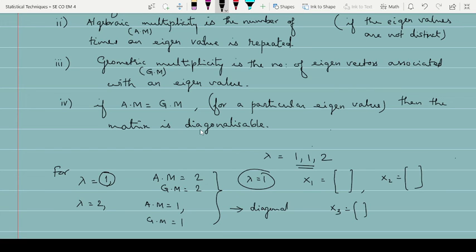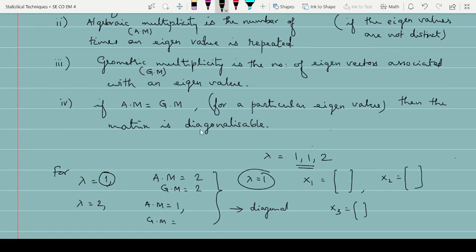That is what is written here. Geometric multiplicity is the number of eigenvectors associated with an eigenvalue. Suppose for lambda equal to 2, algebraic multiplicity is 1, and this case will not come like this, for example, I am just telling.